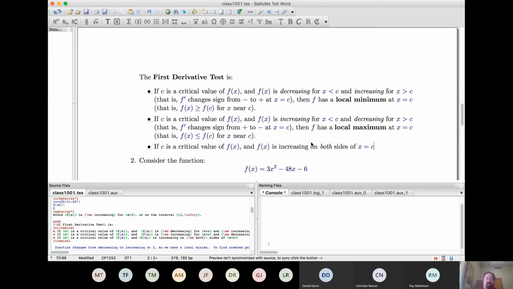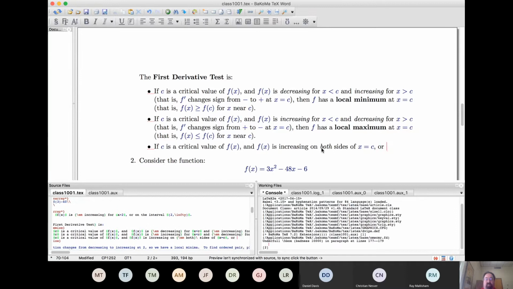So you check x values to the left and the right, and you find that it's increasing for both. Or decreasing.